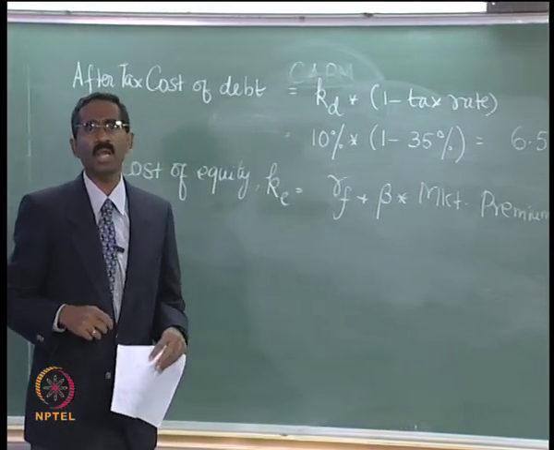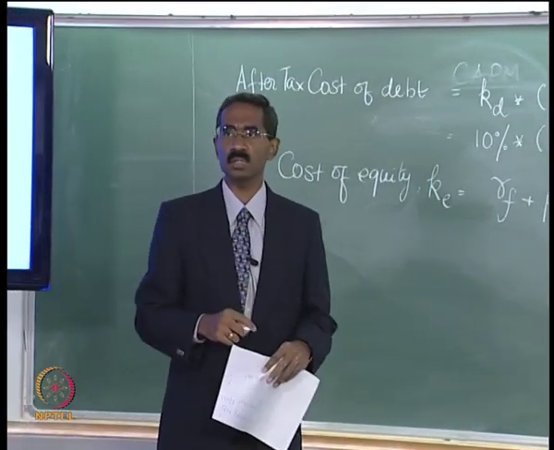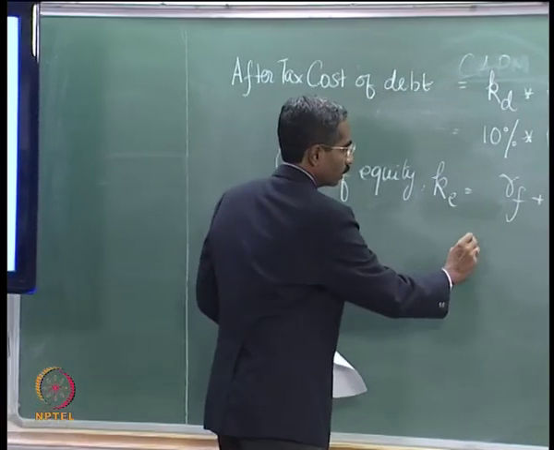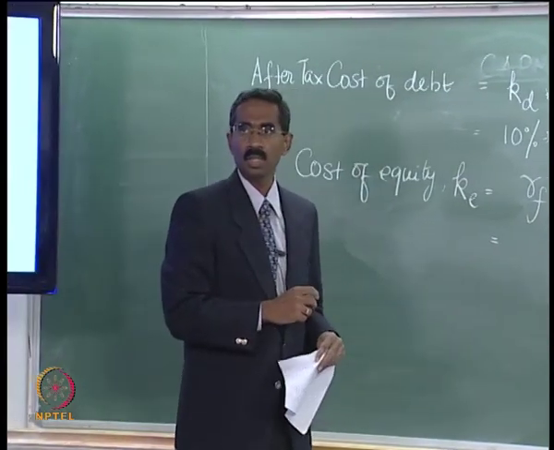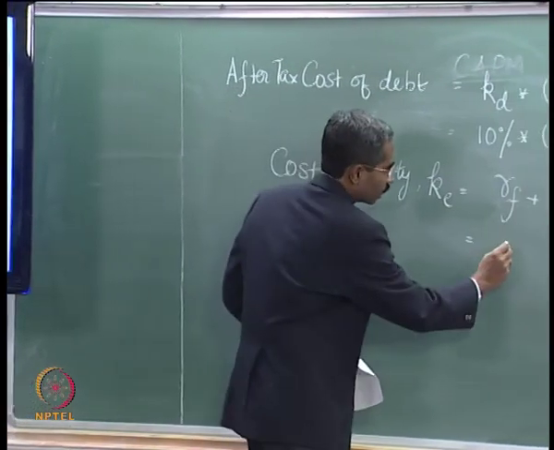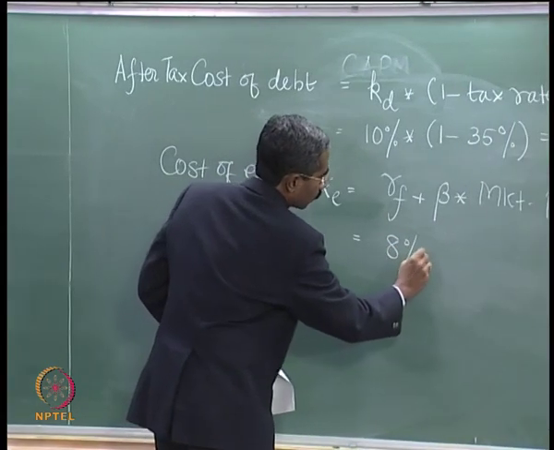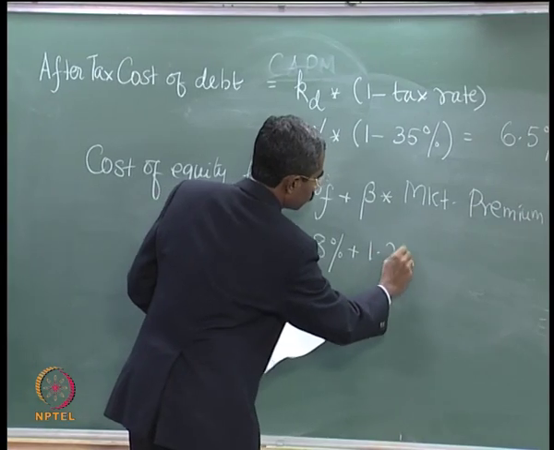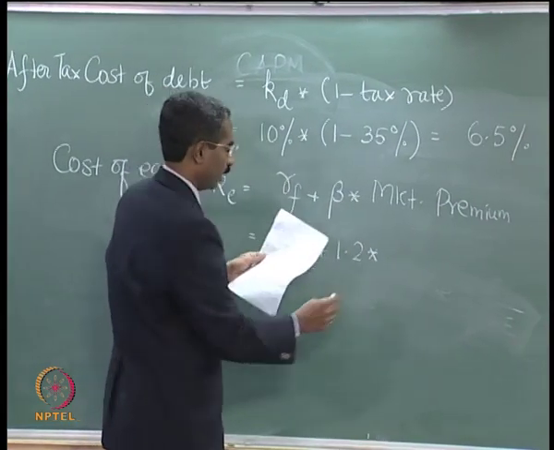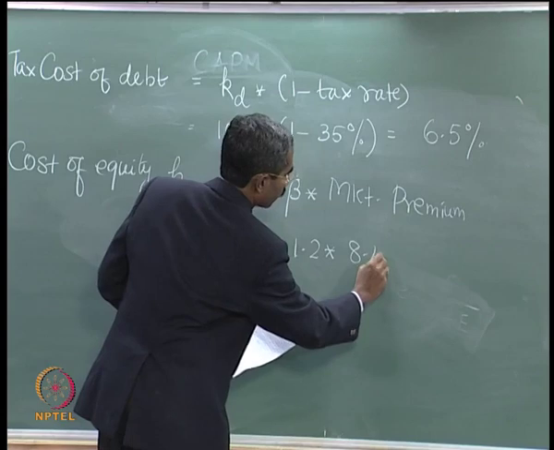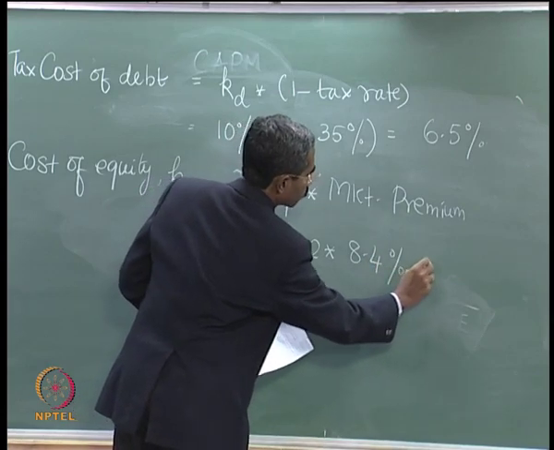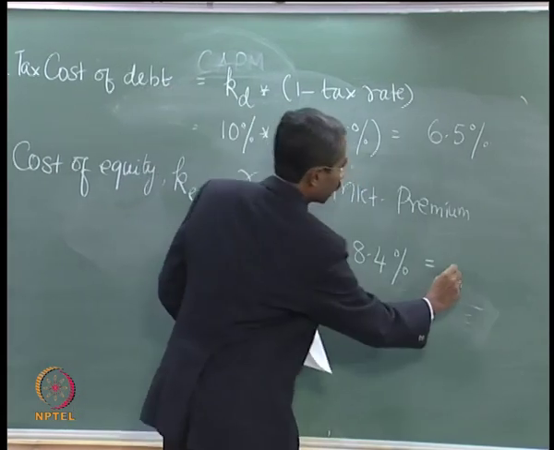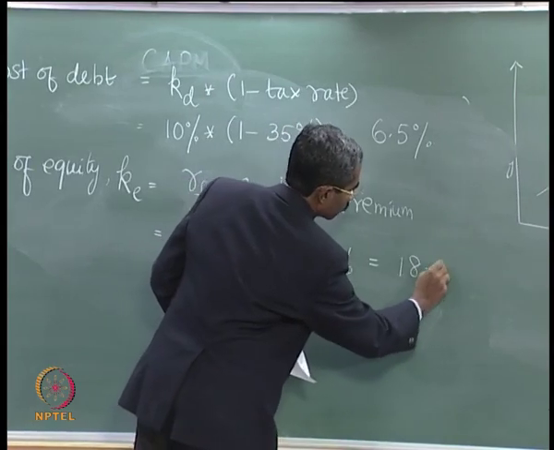If we substitute the values that we have for this particular project, then the risk free rate of return is nothing but 8% plus your beta, which is 1.2, multiplied by a market premium of 8.4%. So this gives you a cost of equity of 18.08%.